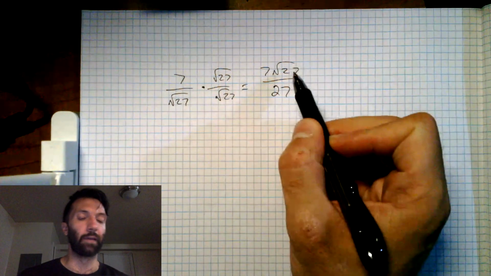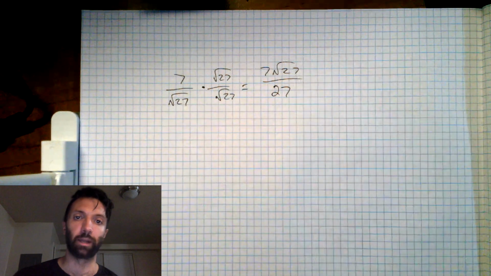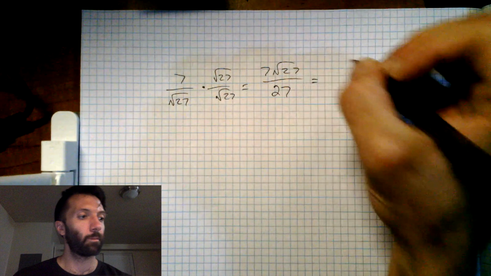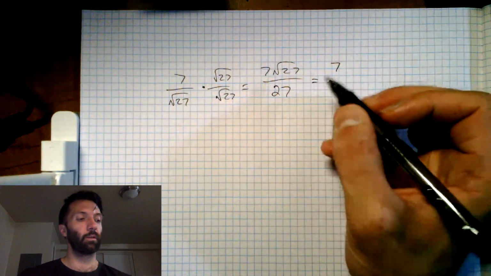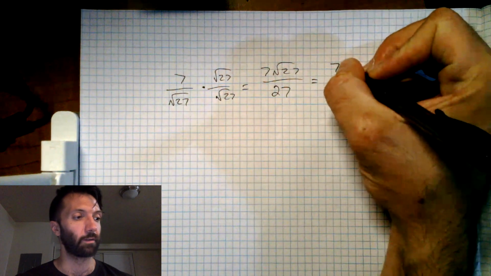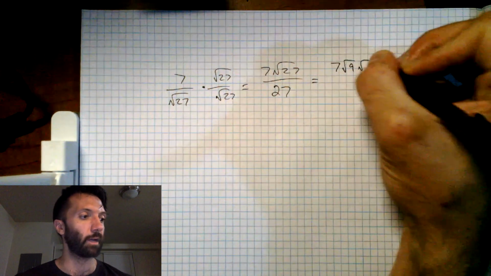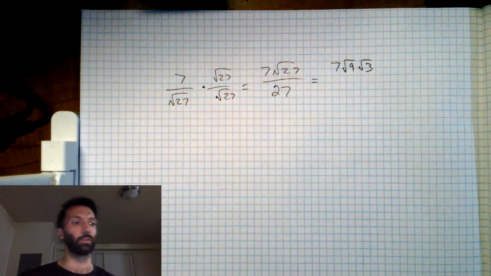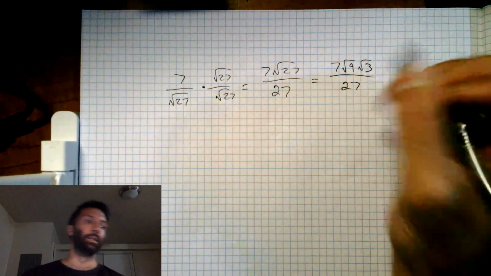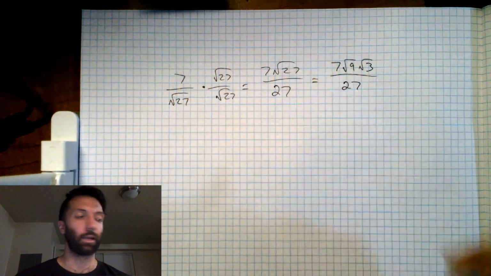And again, root 27 is not simplest radical form, so I will factor root 27. The largest perfect square that goes into 27 is 9, so I'll factor this into root 9 times root 3, because 9 times 3 is 27. And I can simplify the root 9, I know that's 3.